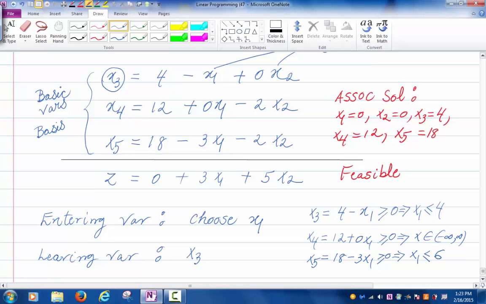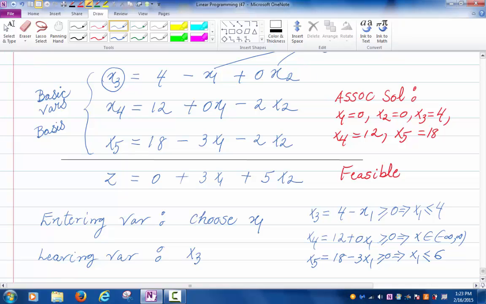Now let me ask you this. Suppose that when we are doing this analysis, I see that two variables go to 0 at the same time. Let's say x3 and x5 both become 0 when x1 is 4. Then which one should I pick as the leaving variable? Doesn't matter. Pick any one of them. Am I making sense?